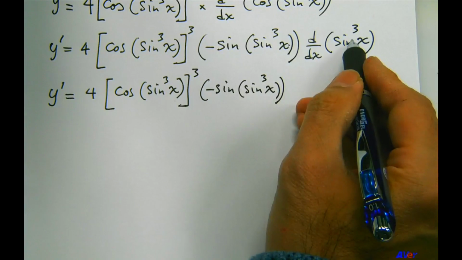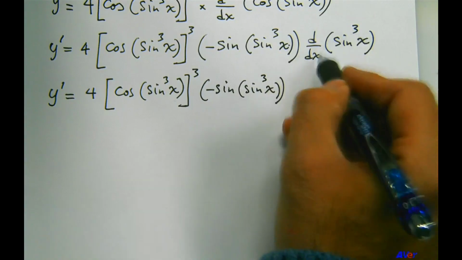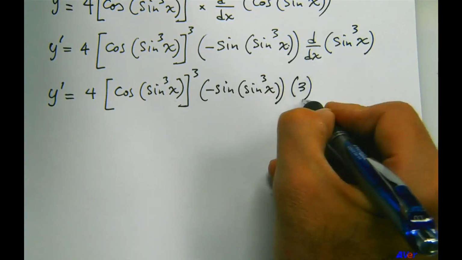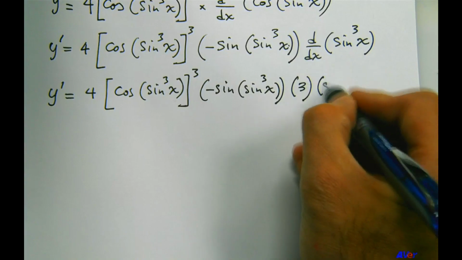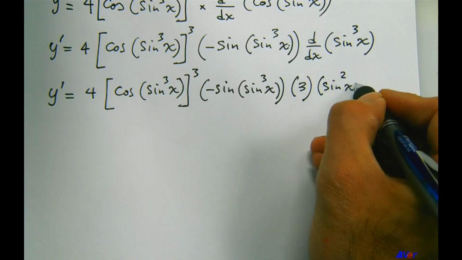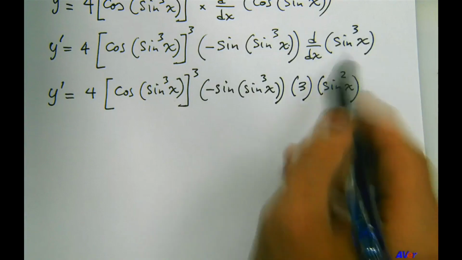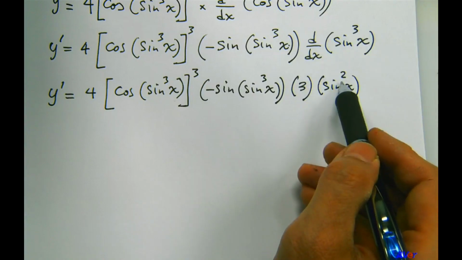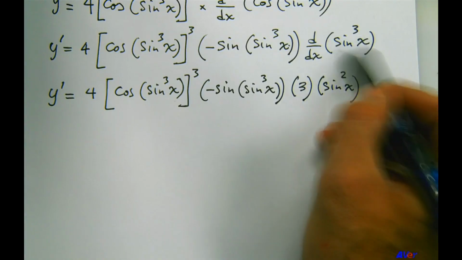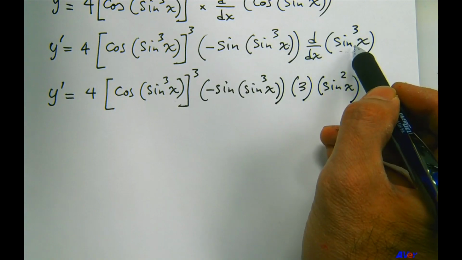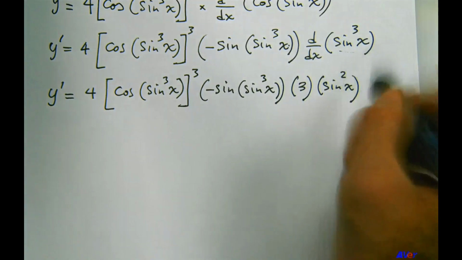Now the derivative of that, what would that be? Well, bring the 3 in front and down, times sine squared of x, right? 3 times sine squared x, times what would be the derivative of sine of x? It would be cosine of x.